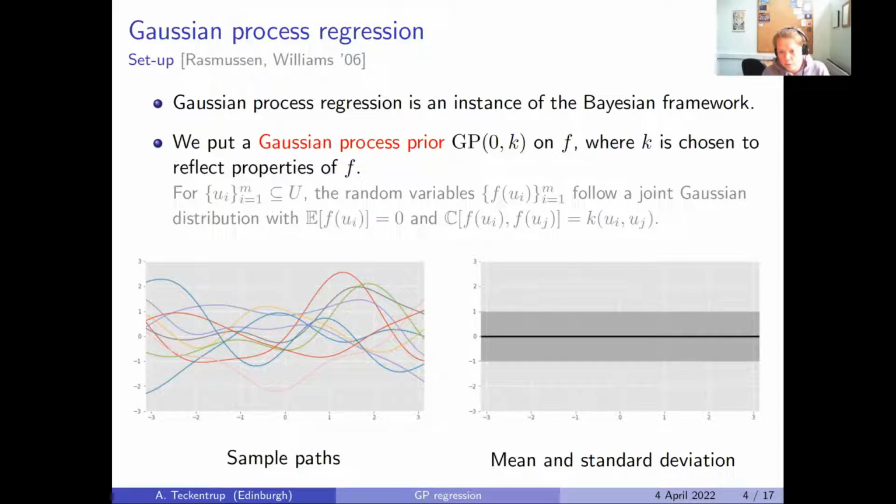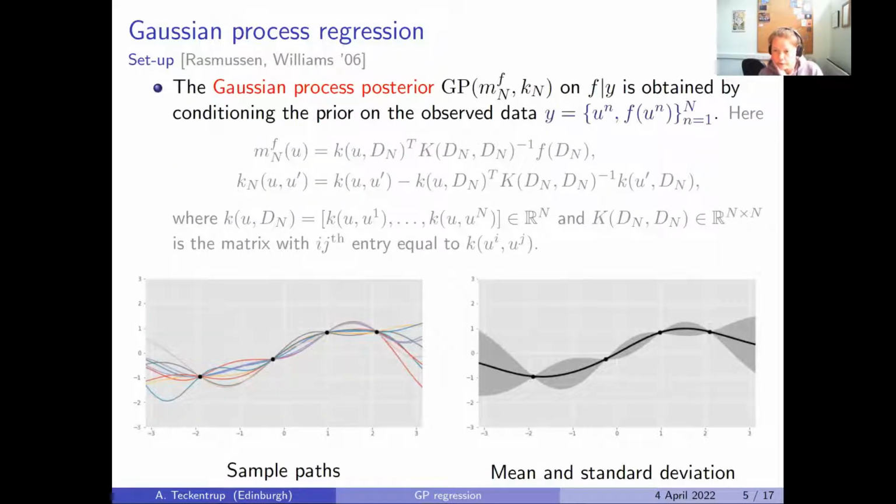And then once you've done that, you do the standard prior to posterior update. So you then get the Gaussian process posterior. It's the posterior distribution on f given y, where y were these function evaluations that we had. If you choose the prior to be a Gaussian process, the nice thing is that the posterior is also going to be a Gaussian process.